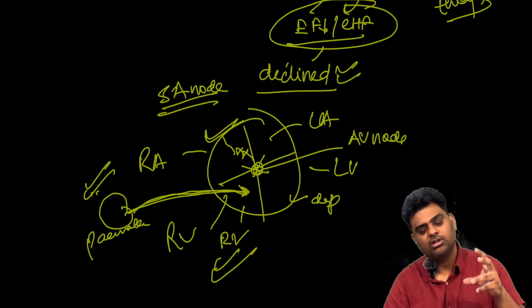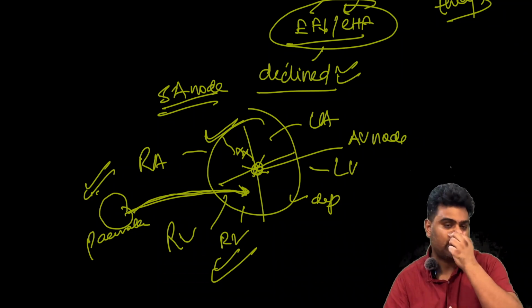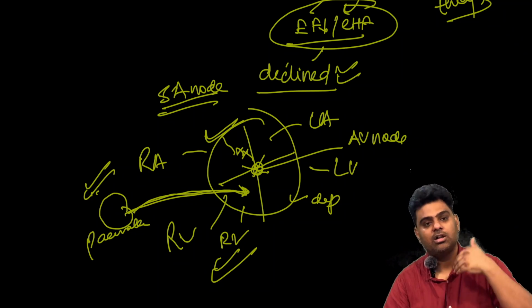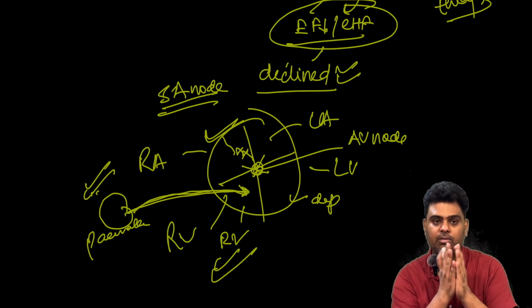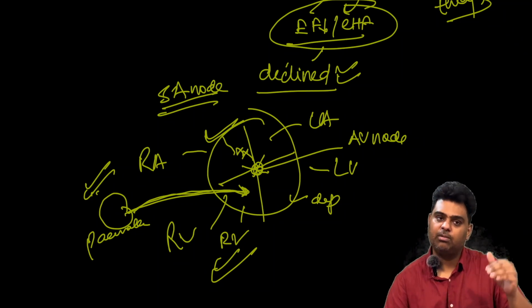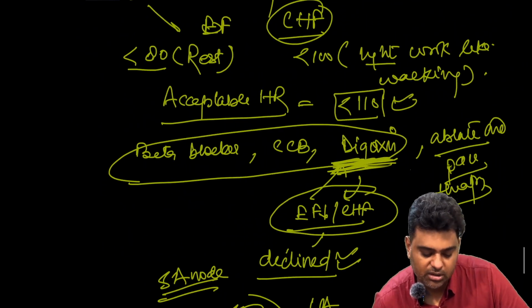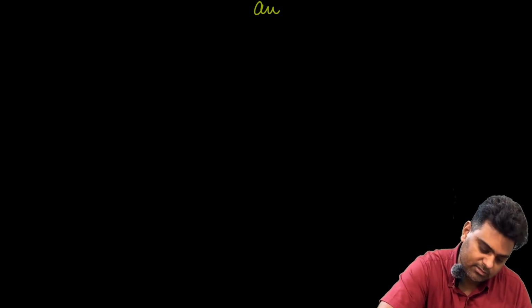It is only used when we are not able to control the ventricular rate with beta blocker or calcium channel blocker. So this is about the ventricular rate. Now the third point is regarding the anticoagulants.